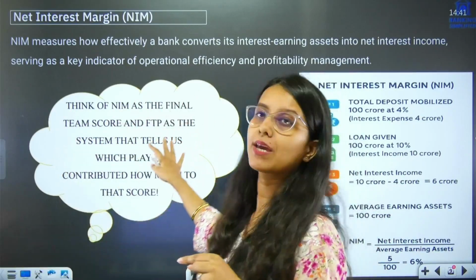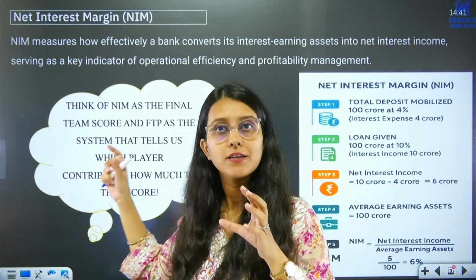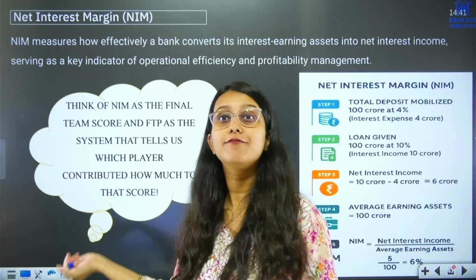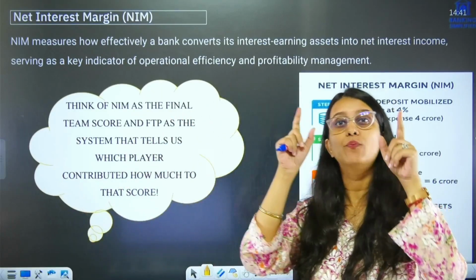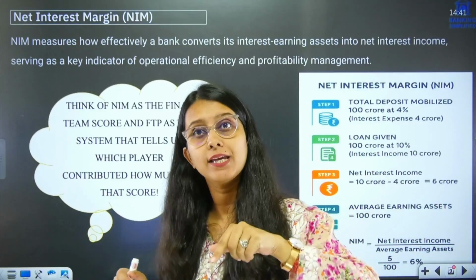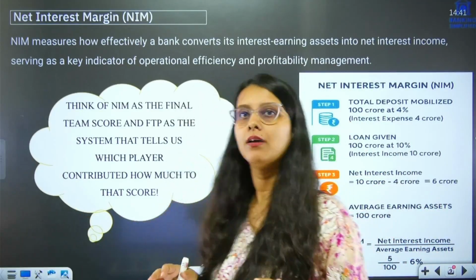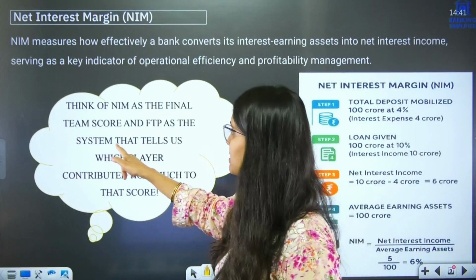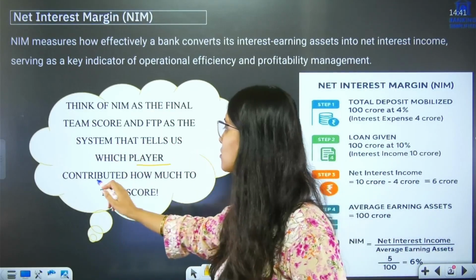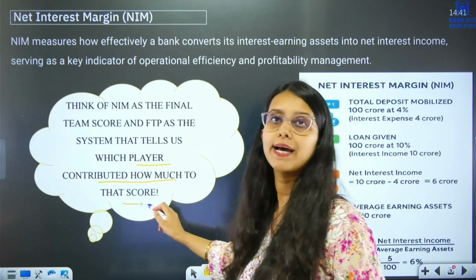It's the same game here. So NIM is the final team score. And what is FTP doing? FTP is telling you how much the different players have earned. And FTP as a system tells which player has contributed how much to that score.